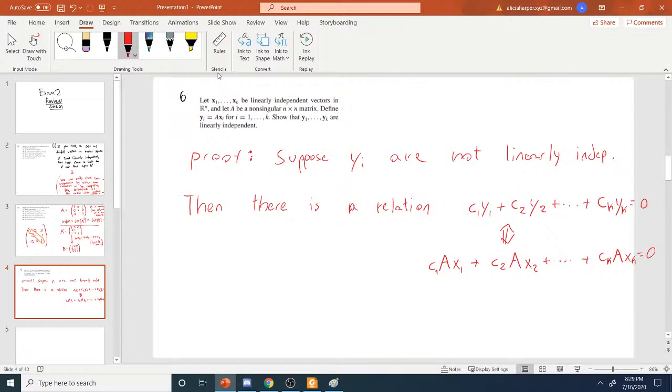Now here's the fact I can use. Since A is non-singular, it has an inverse.